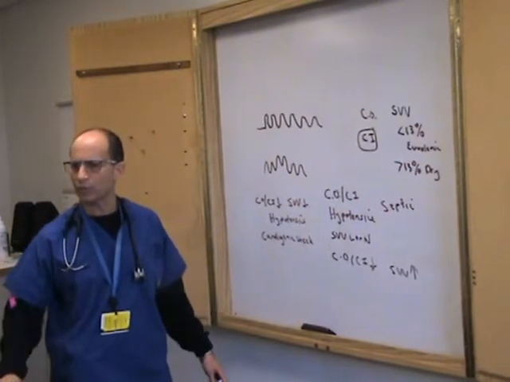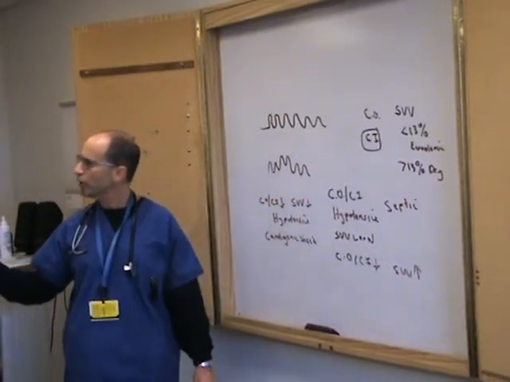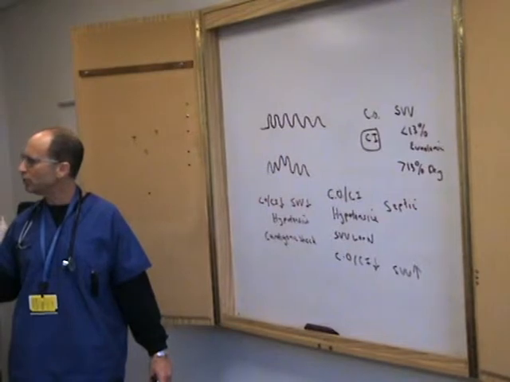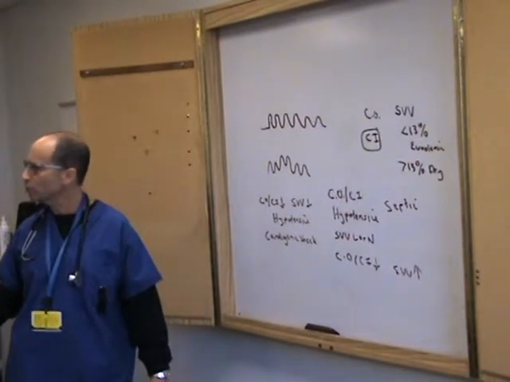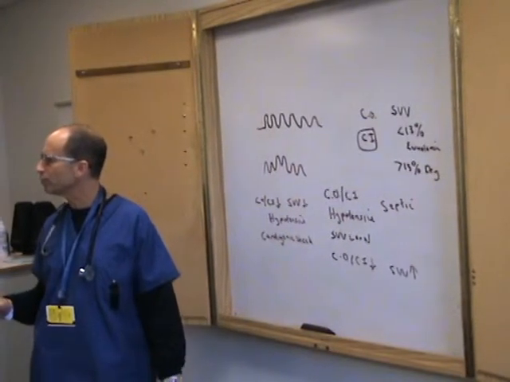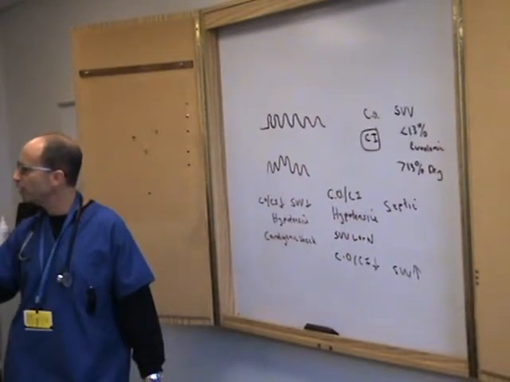And if it's somewhere in the middle, it's indeterminate. Now, it's a lot harder to read IVCs in ventilated patients. The reason being that your own positive pressure and the respiratory variation really may not change as much.